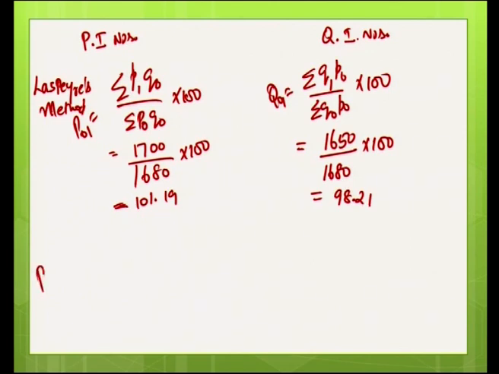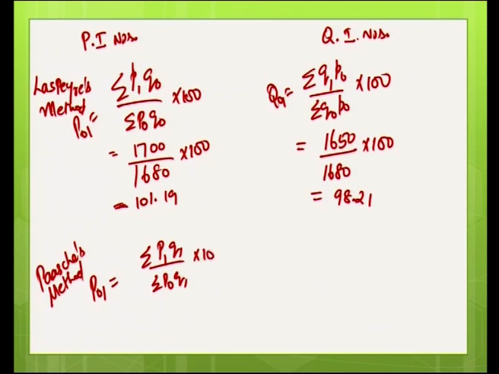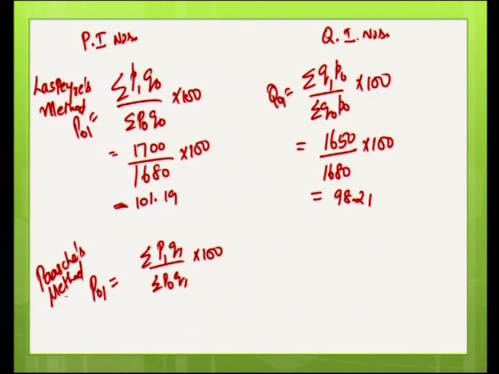Similarly, Paasche method. P01 is summation P1 Q1 by summation P naught Q1 into 100. All the capital letters or small letters represent the same price or index respectively, so no need to worry if the answer is in capital letters or small letters.